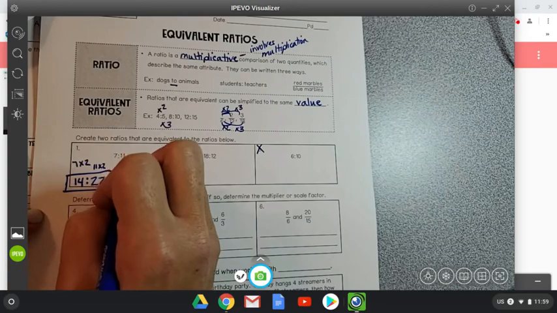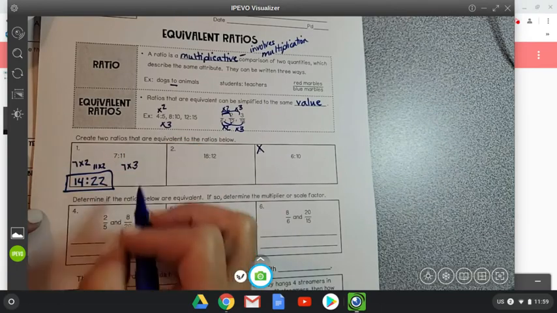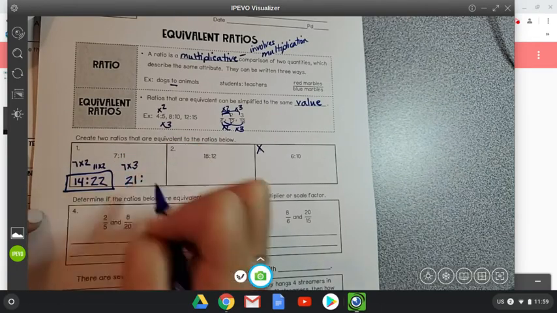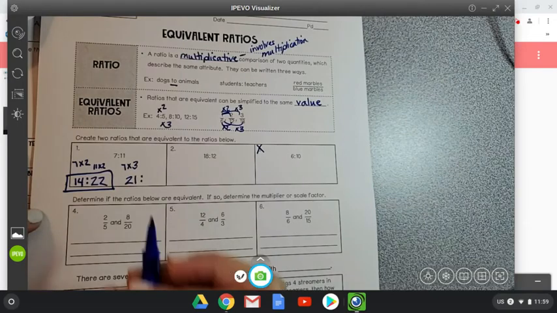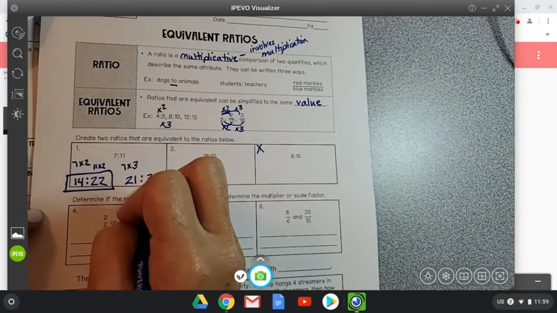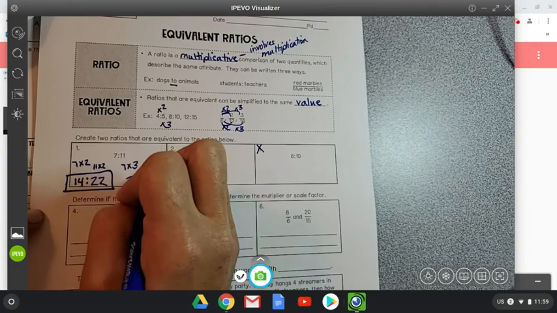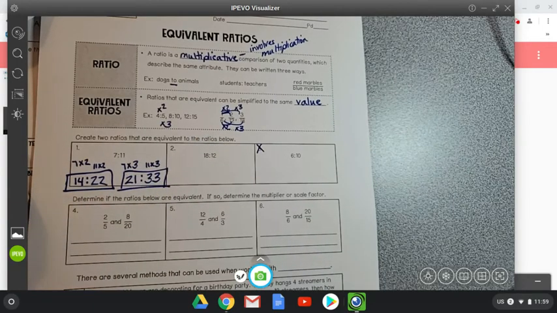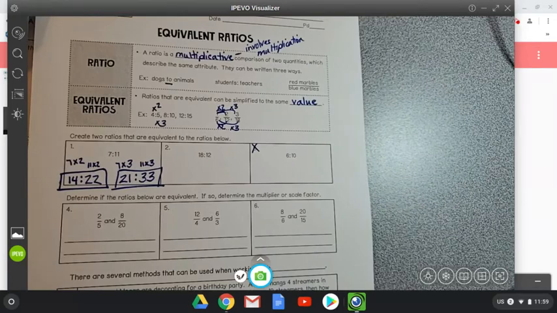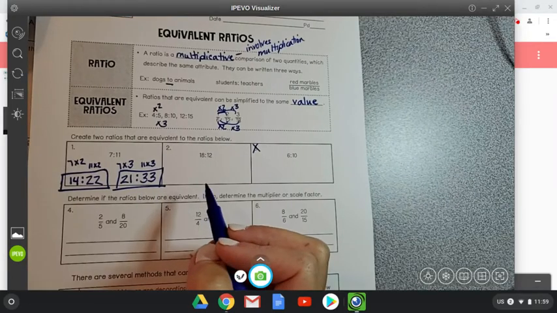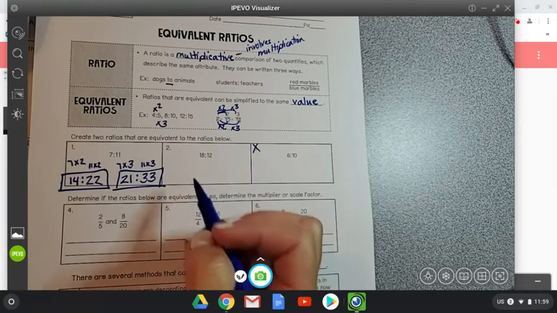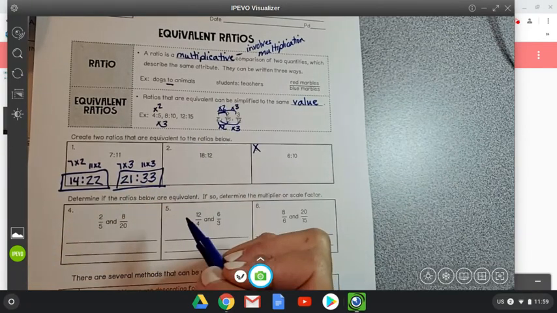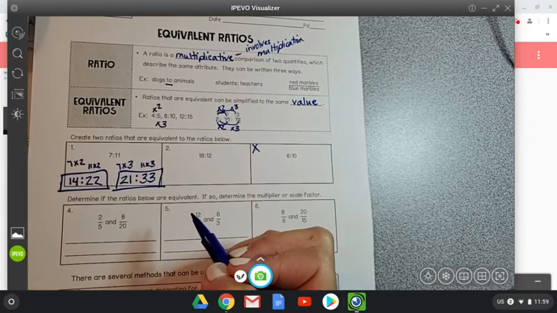Okay. 7 times 3 is 21. And now I'm going to do 11 times 3, which will be 33. All right, so these are all equivalent ratios. All right, now I'm going to have you guys do number 2 on your Edpuzzle and on paper.